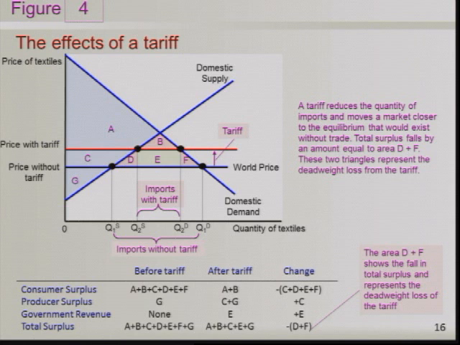So the area of rectangle E is going to go to the government in the form of tax revenue, or in this case, revenue from tariffs. And who gets D and F? No one. That's the deadweight loss when we implement a tax, in this case a tariff on imports.